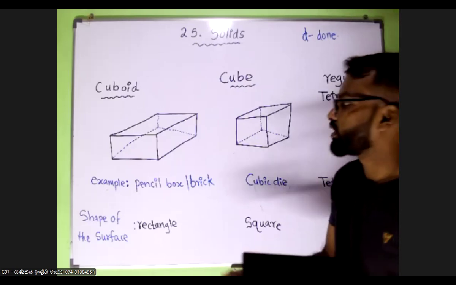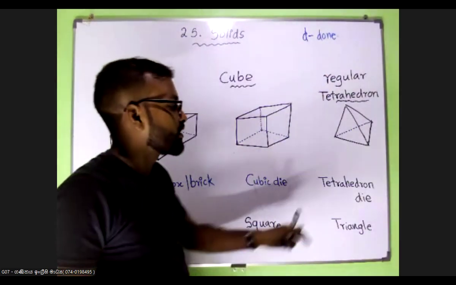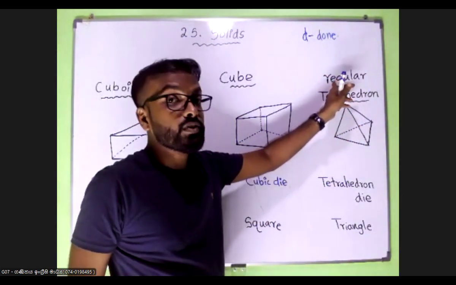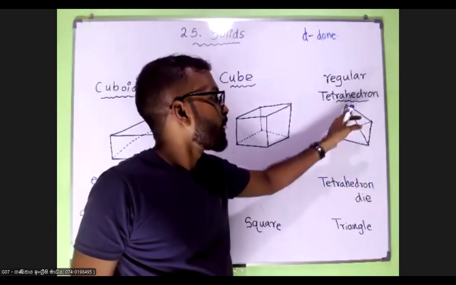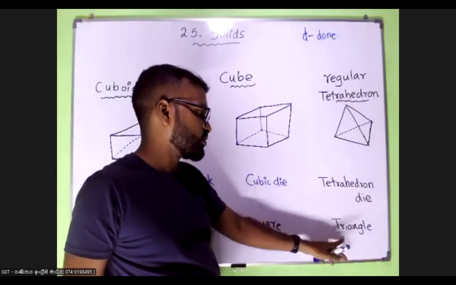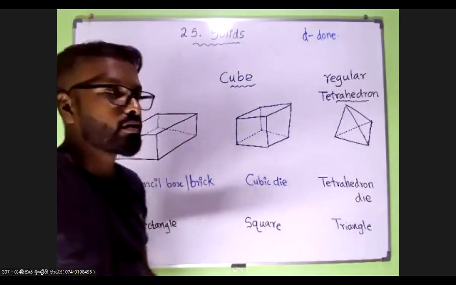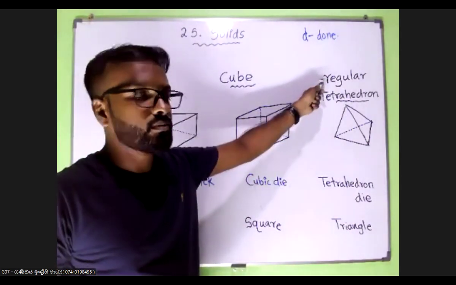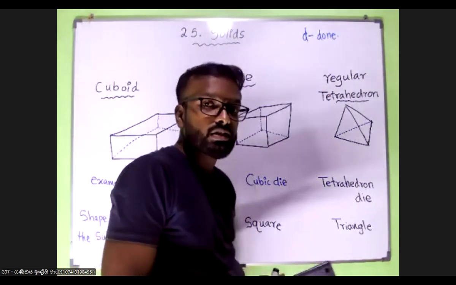So as I showed you, you can get an idea of a cube and a regular tetrahedron. In a regular tetrahedron, because of this word regular, all the faces of the tetrahedron become equilateral triangles. So basically, you can use triangle or equilateral triangle for a regular tetrahedron. Senula was asking a good question.